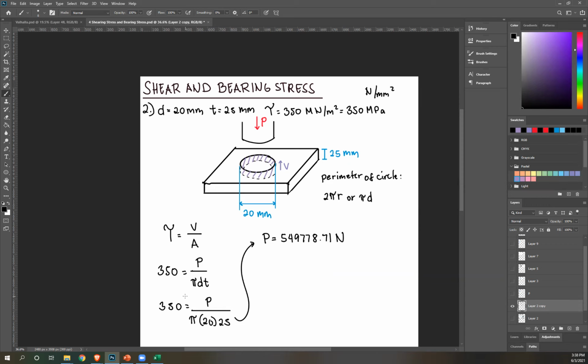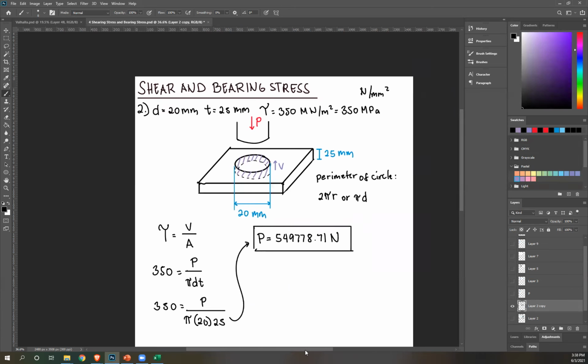Making sure your units are consistent, whatever the unit of force and your stress is, that will be the unit of force of your answer. So this is the answer to number 2. Any questions for number 2? Please answer in the chat. How about the others?